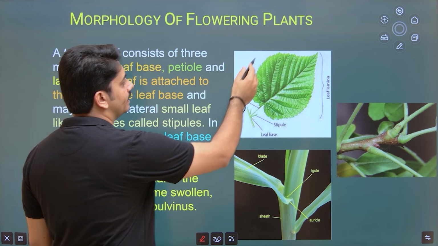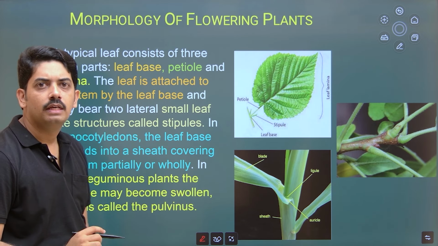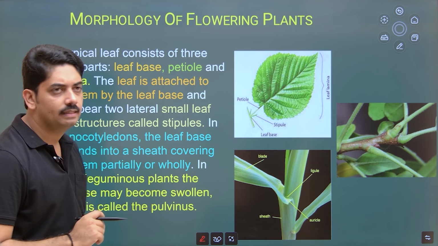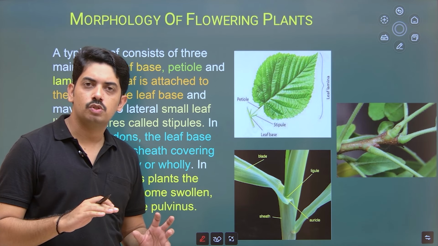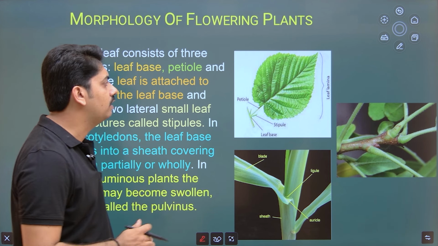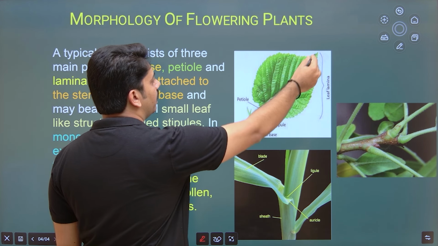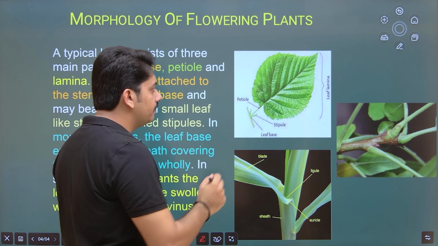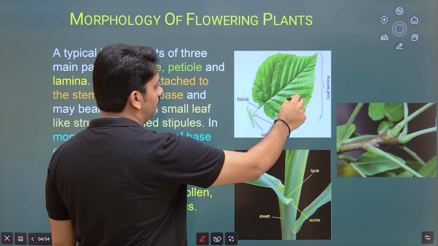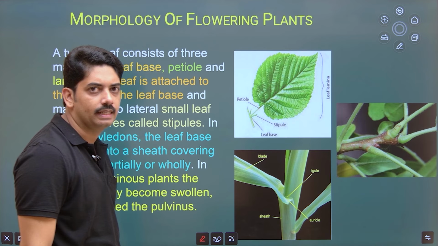When we look at this, the leaf blade is entire. Here and there you observe small incisions, but that incision is not so deep that it touches the midrib. So we call this leaf a simple leaf, and the middle part is the midrib, and here we can clearly differentiate the veins, and further branching we call veinlets.